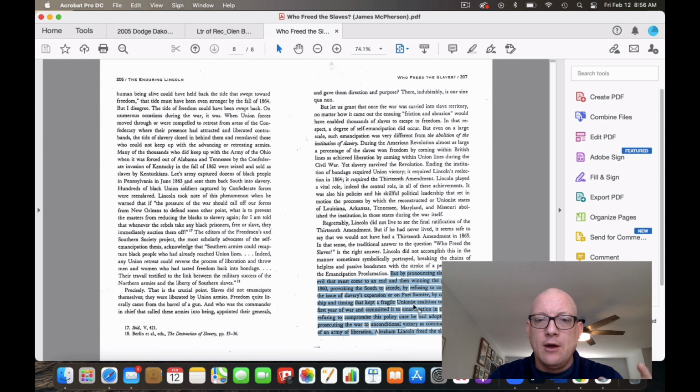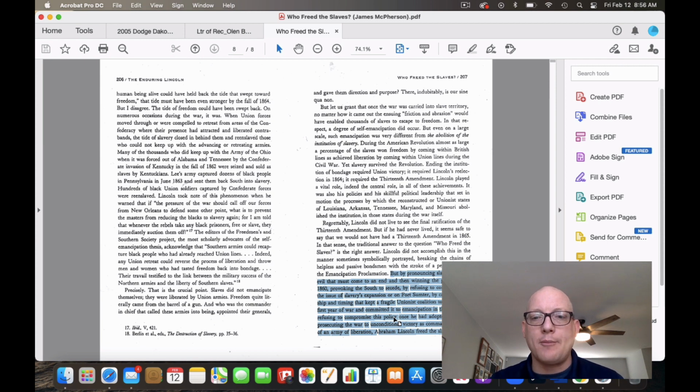So he had to hold this fragile Unionist coalition together in the first year of the war and then get it to commit to emancipation in the second year of the war. All right? And this is leading up to his Emancipation Proclamation, again, which just liberated slaves in the still rebellious states.